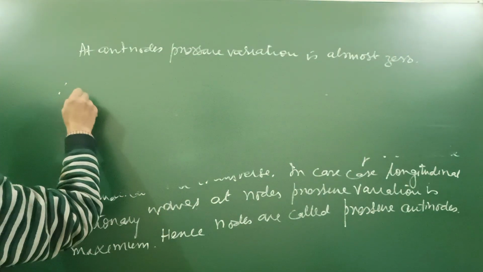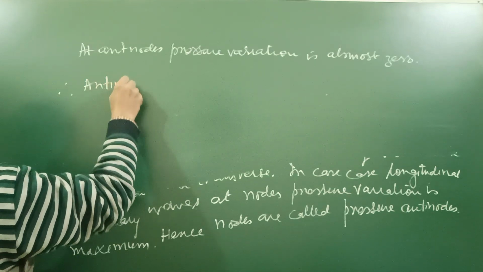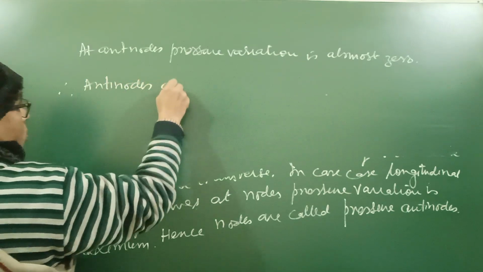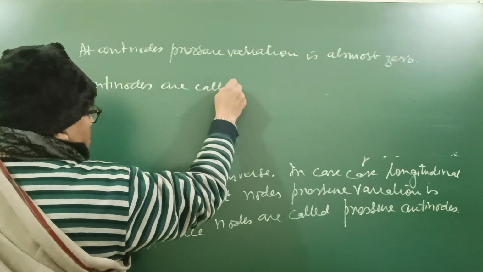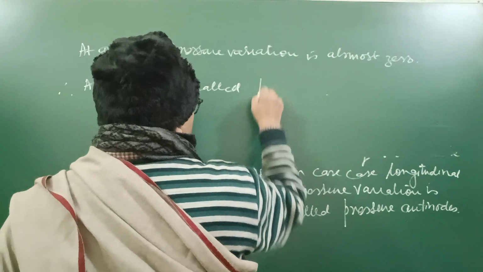Hence antinodes are called pressure nodes.